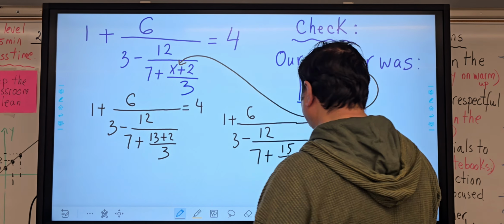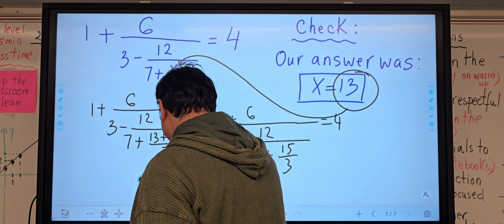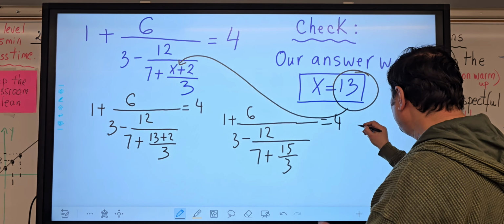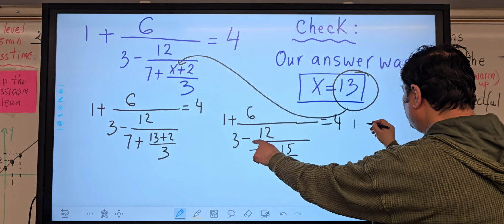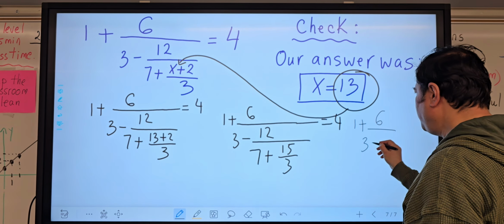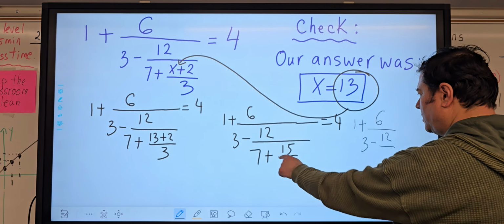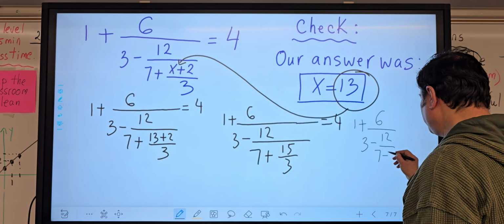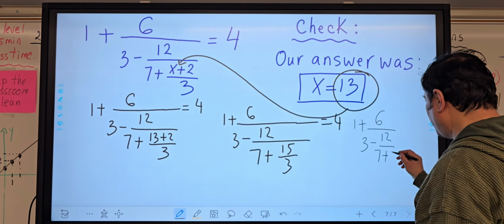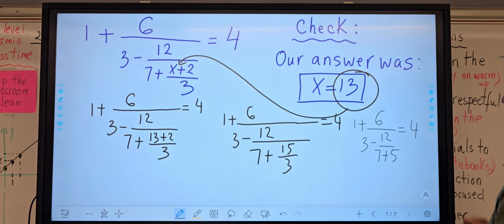So let's rewrite again right there. So we have 1 plus 6 over 3 minus 12 over 7 plus 15 divided by 3 is 5, equals 4. I hope you see that, right?